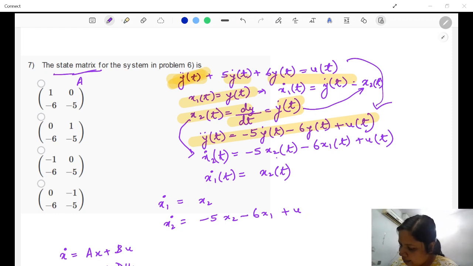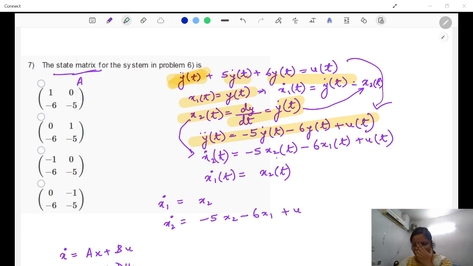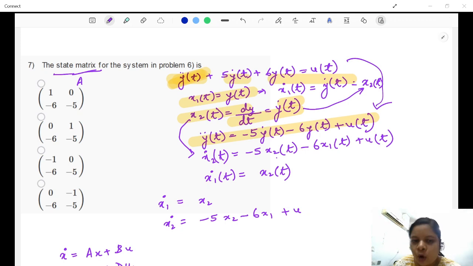You already saw that this was the differential equation that was given to you, in the first line. Now we want to break this second order differential equation into two first order ODEs. Right now it is second order; whatever the order, that many state variables will come, and for every state variable we are going to have a first order ordinary differential equation.